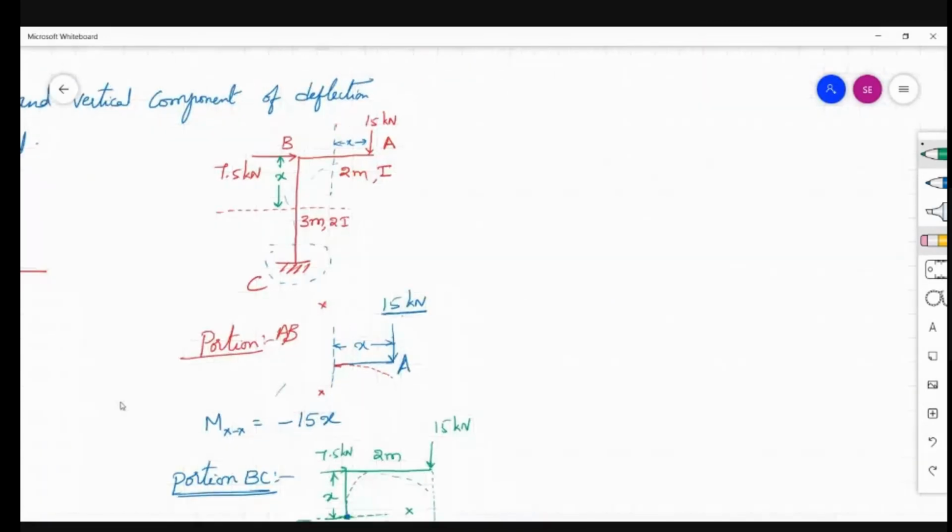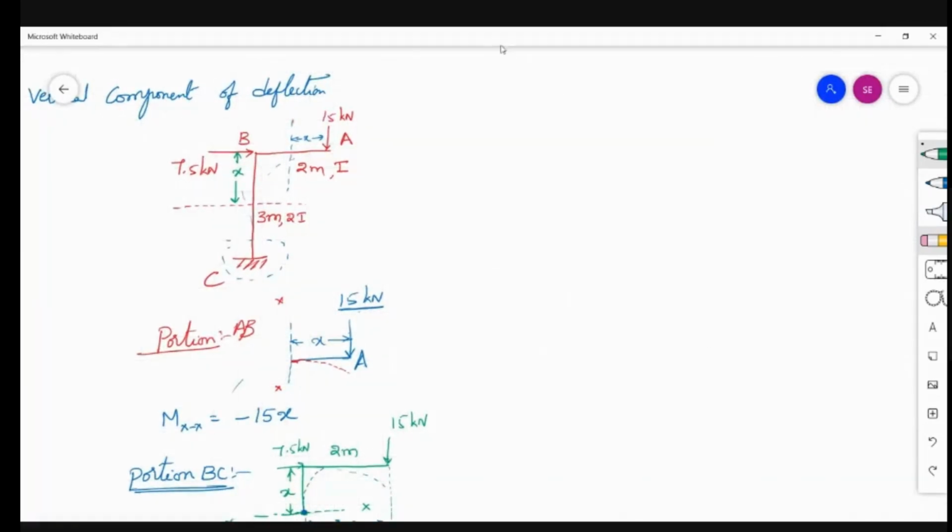So first of all, the horizontal component, which is horizontal deflection. To get the horizontal deflection at A, what we have to do is remove the entire external load system.